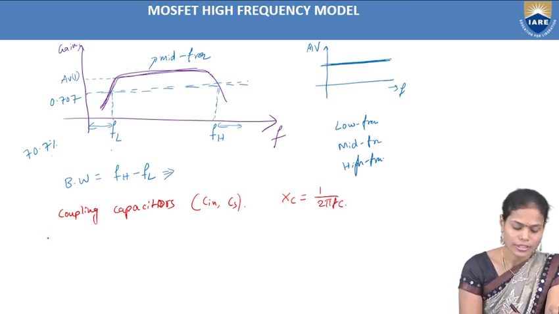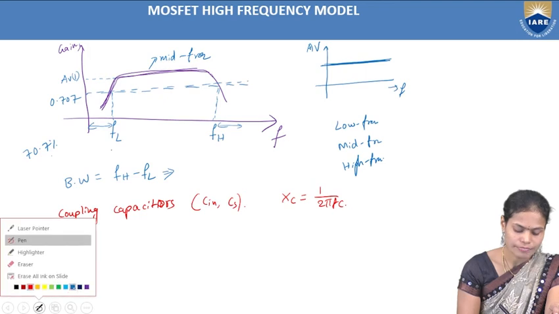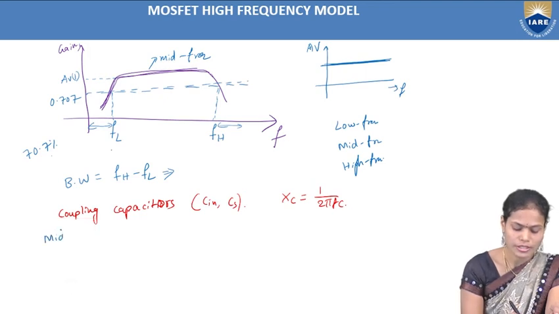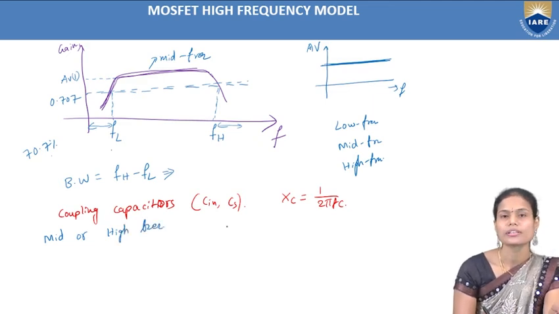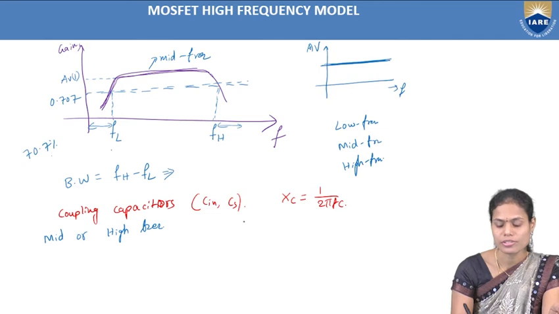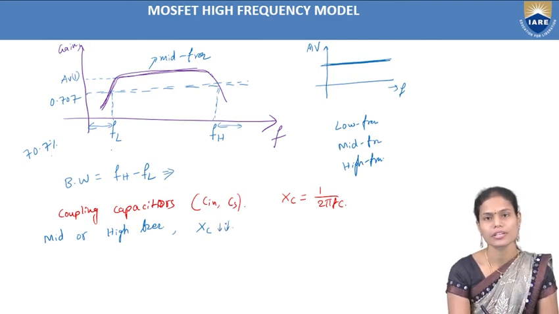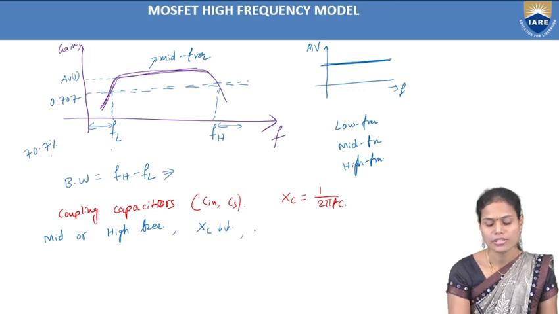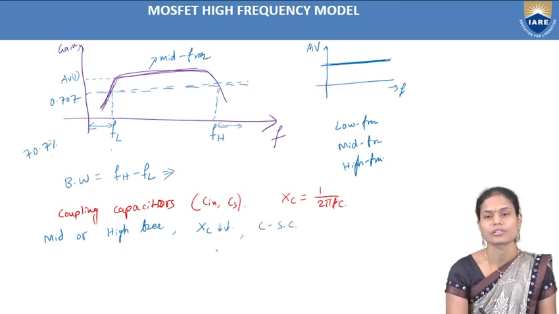So if we take a mid frequency signal or high frequency signal, the reactance of the capacitor is very less here. If the reactance of the capacitor is very less, the capacitor acts like a short circuit.